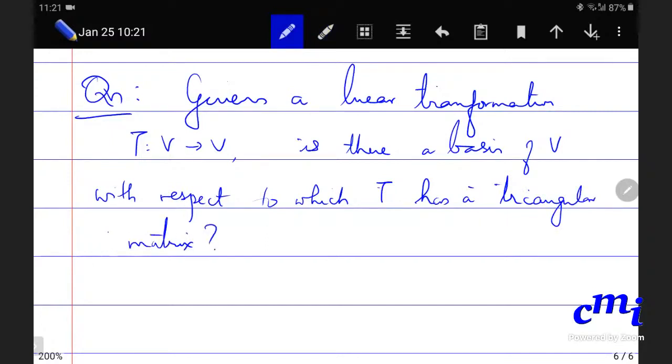We can think of this as a pre-version of asking for a diagonal matrix. Asking for a diagonal matrix will be stronger than this because diagonal matrices are triangular. They're both upper triangular and lower triangular. Here, when I say triangular, I will mean upper triangular. After this, we can immediately see how to do it for lower triangular also. So that's what we want to understand.